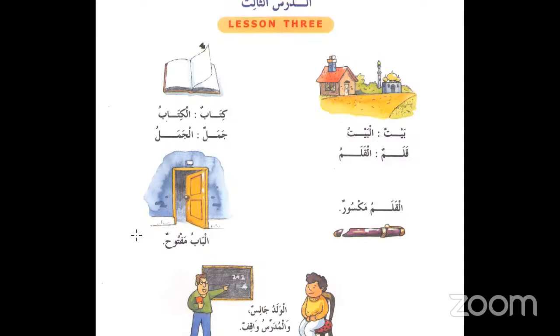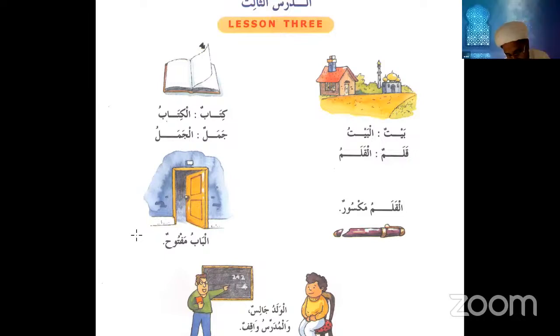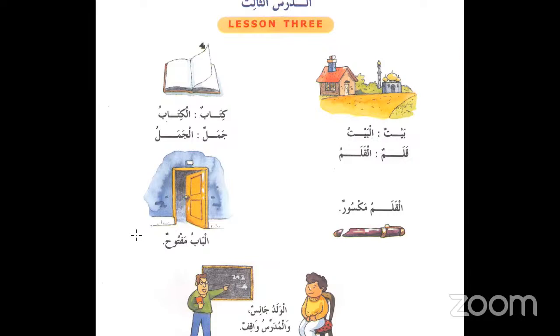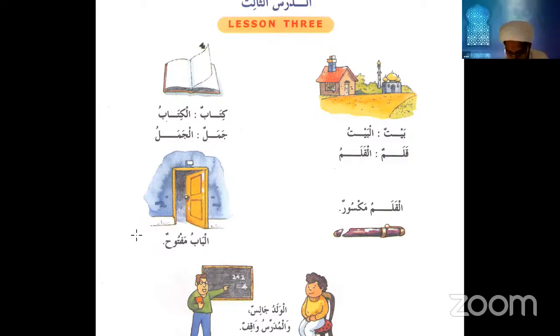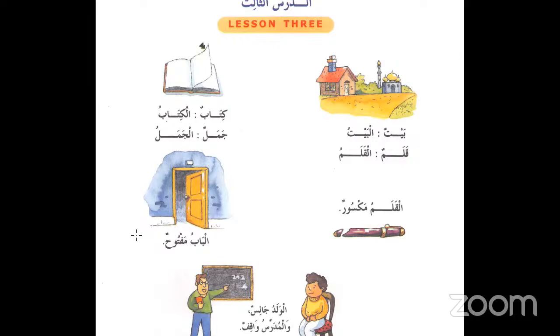Al-qalamu, the pen. Alif lam is coming for the pen. Kitabun, a book. Al-kitabu, the book. Jamalun, a camel. Al-jamalu, the camel. Yes, jamal is camel.